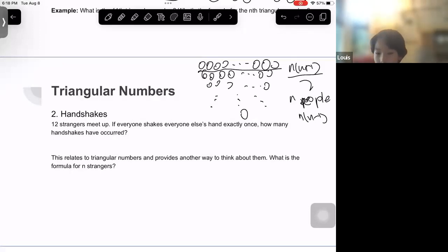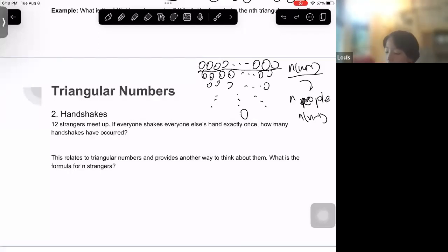This is obviously not true, because this doesn't match with this. Then what's going on? Every person does shake hands n minus 1 times, but it's still not the same as the formula we derived above. Why is that?